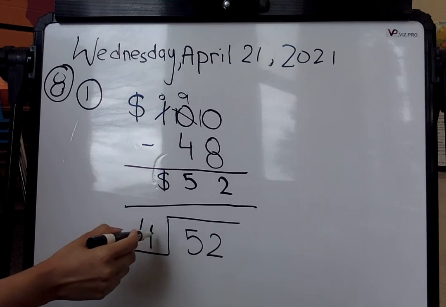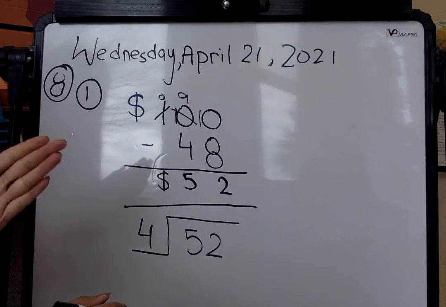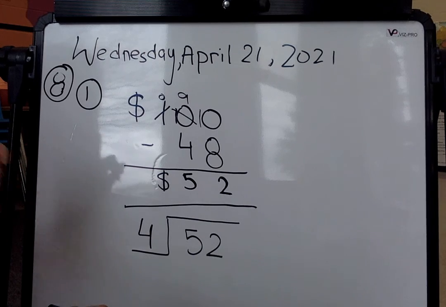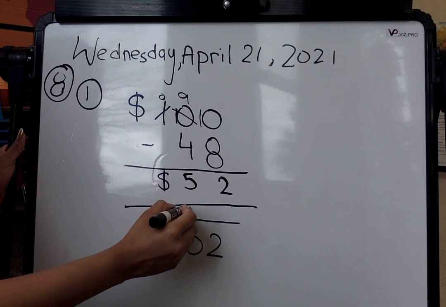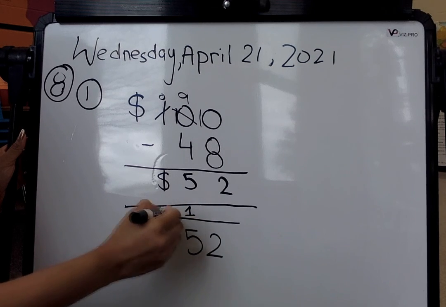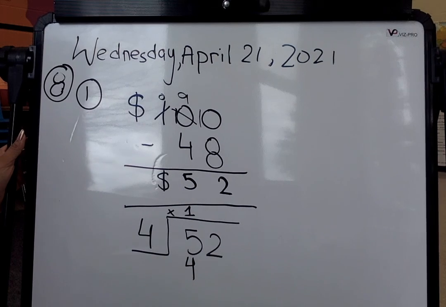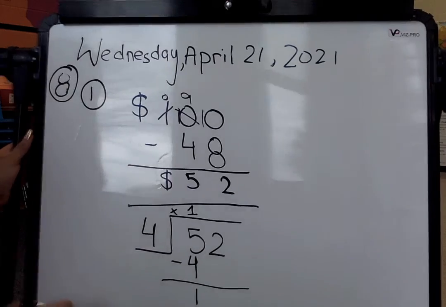How many 4s would give me something closer to 5? We would never see 5 in the 4 times table, so the closest we can do is only 1 four would fit into 5. So 4 times 1 gives me 4. Then I do the subtraction. I am left with 1.